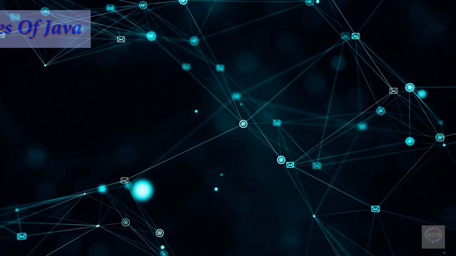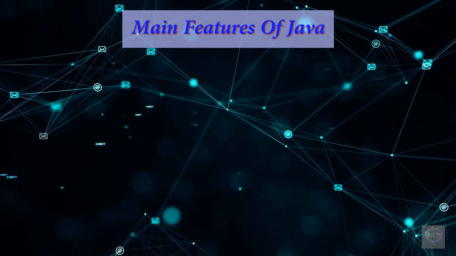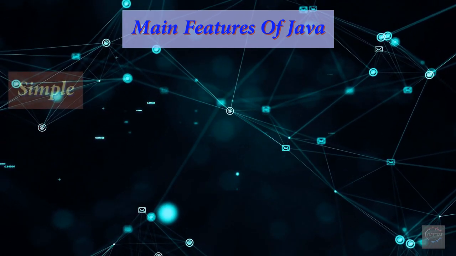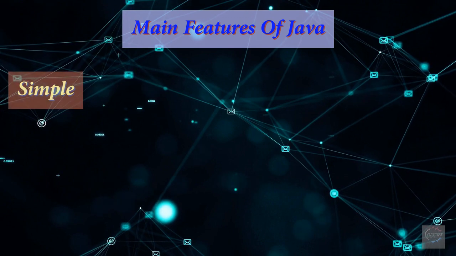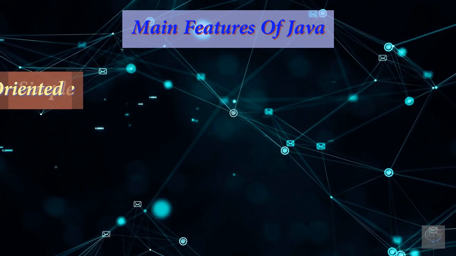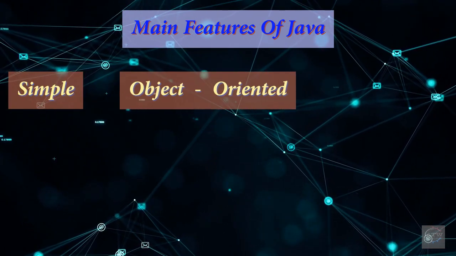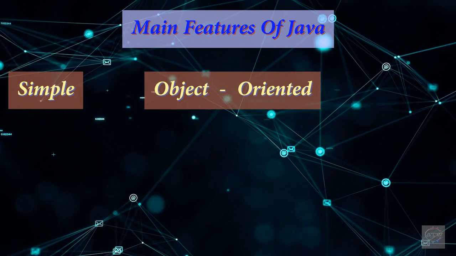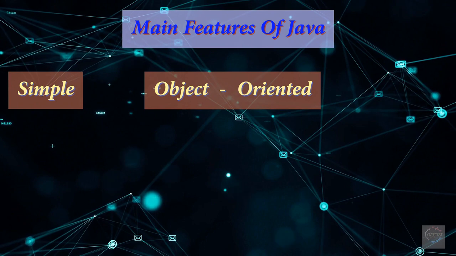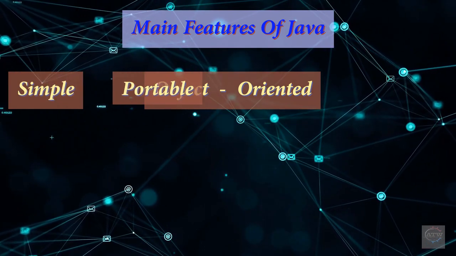So before we go into Java, let's understand the main features of Java. The first one is that Java is a simple programming language. How is it simple? There is no complexity in the code written, and it follows the syntax of older languages like C++. So if someone switches to Java, it will be easy for them to cope, and Java can be easily understood.